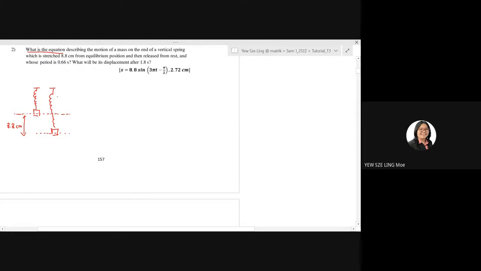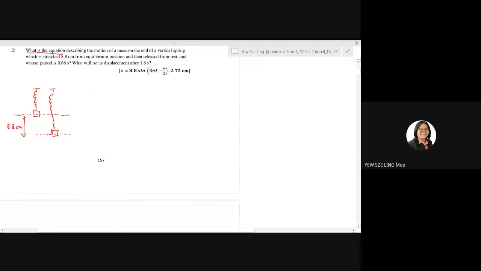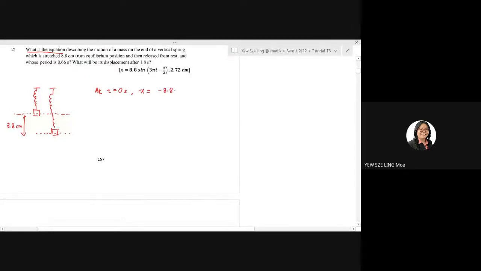According to the information given, at t equals 0, your x is below the equilibrium position. So we have at t equals 0 second, x is equal to negative 8.8 cm. All right, so this is the information that we have.